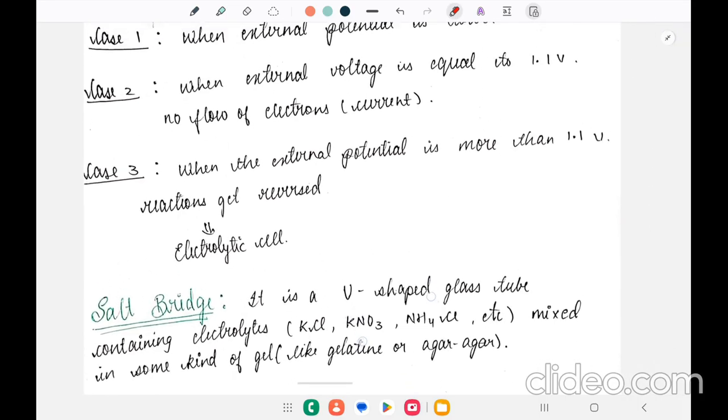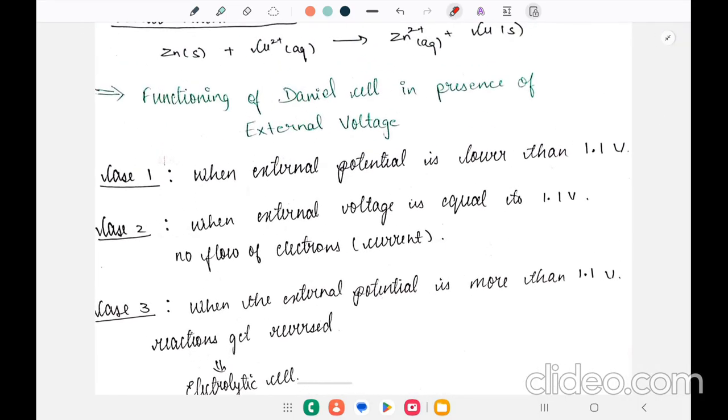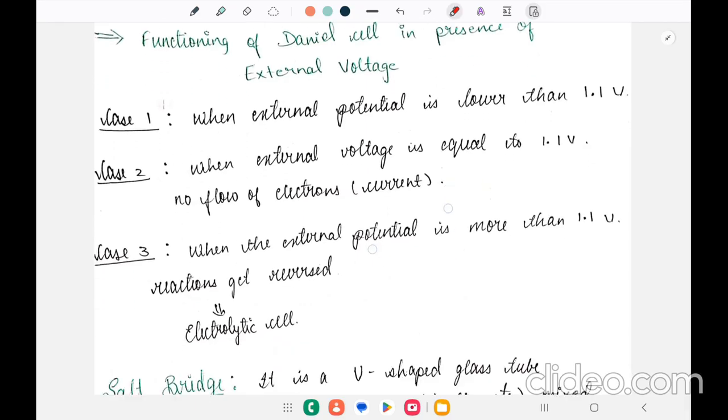And then in case 2, when the external voltage applied is equal to 1.1 volt, then the cell reaction will stop and there is no flow of electrons and therefore no flow of electricity. In case 3, when the external potential is more than 1.1 volt, then the reactions will get reversed, which also reverses the polarity of the electrodes.